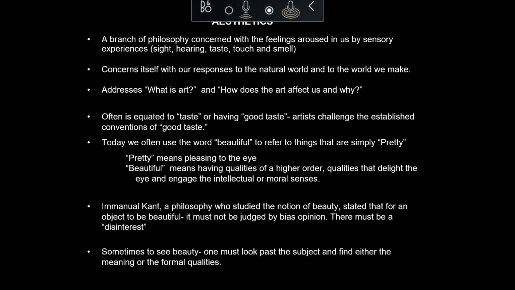But sometimes to see beauty in art, one must look past the subject and find either the meaning or the formal qualities. Because again, this being art class, and although you are an amazing work of art already, we need to bring it back down to actually talking about these physical, tangible manifestations of ideas, right?